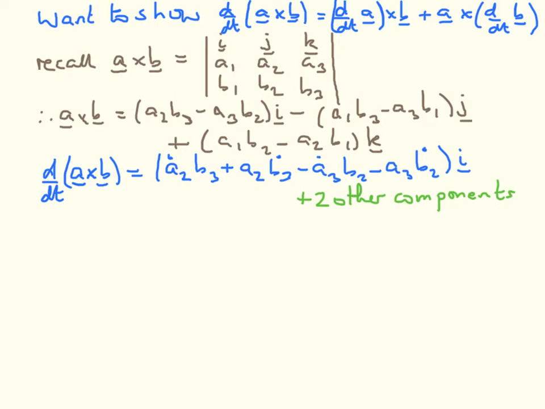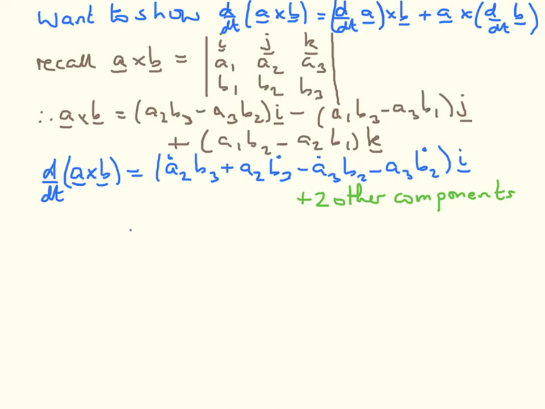So let's now look at these terms. You can see here we have a derivative of A, here we have a derivative of A, so just as on the previous slide we'll put these terms together. And here we have derivatives of B and B, so we'll put those terms together.